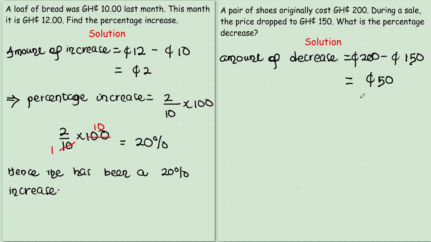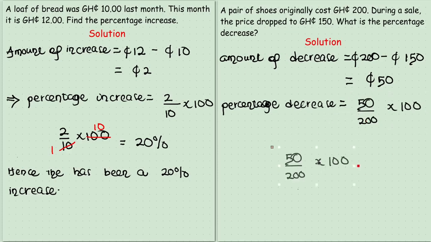You see, with the amount of decrease now, we can now solve our percentage decrease. And we know our percentage decrease will then be the amount of decrease, which in this case is our 50, over the original cost, which is 200, then times your 100%. This has now become a fraction problem. So how do we simplify it? We know we can first of all cancel out our zeros.